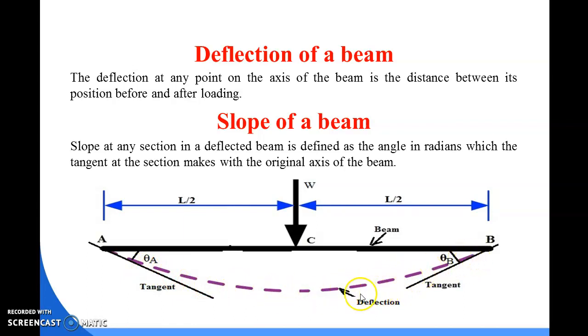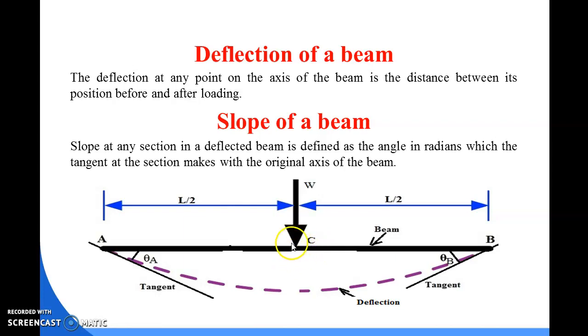You can see this dotted portion of the figure is defined as the deformation for the loading system in a beam. Whatever the deviated distance compared to the original place of the beam, that portion is known as the deflection.